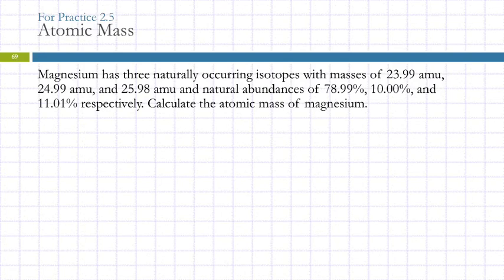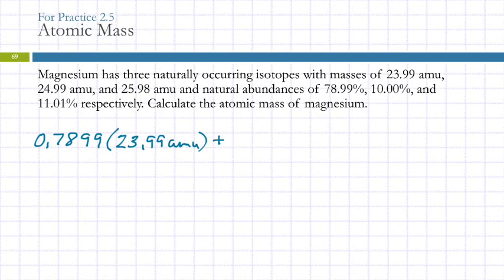We're going to take the percent abundances, convert to decimal form, multiply by the masses, and add them all up. So the first one is 78.99. Converting to decimal, that's 0.7899 times the mass of that isotope. That's the first one, 23.99 atomic mass units.